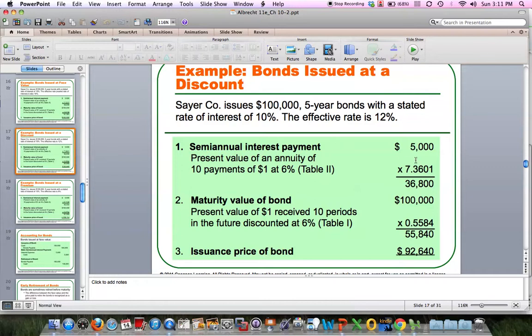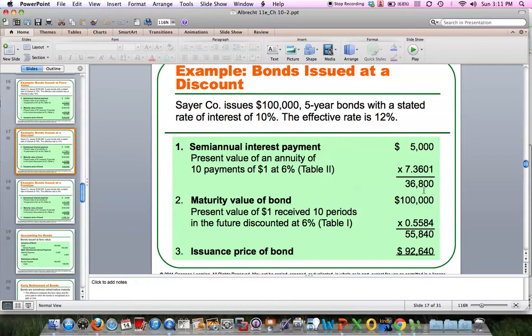And so we take that same 5,000 and multiply it by this factor here, and it's a different factor now because we're using half of 12%, since it's 10 payments. Twice per year for 5 years is 10 payments, and so we have to use half the interest rate. Half of 12 is 6.